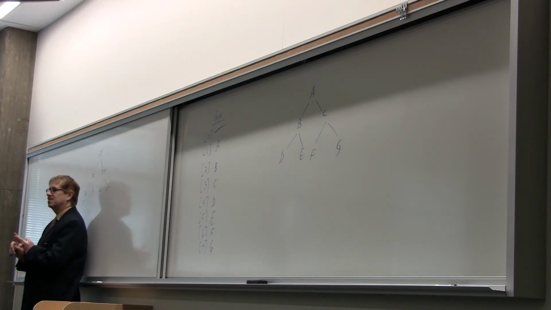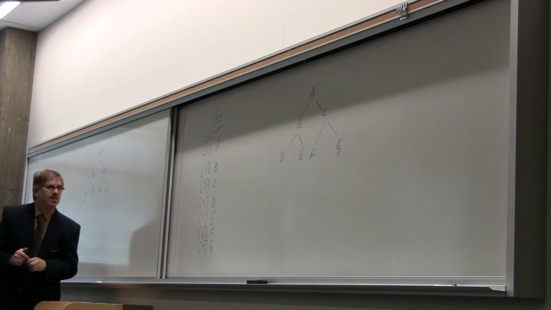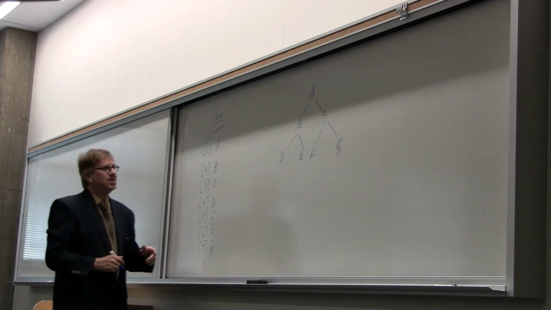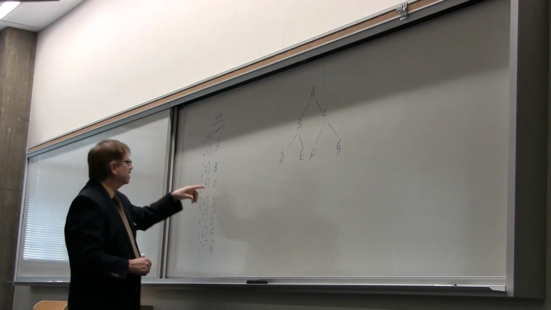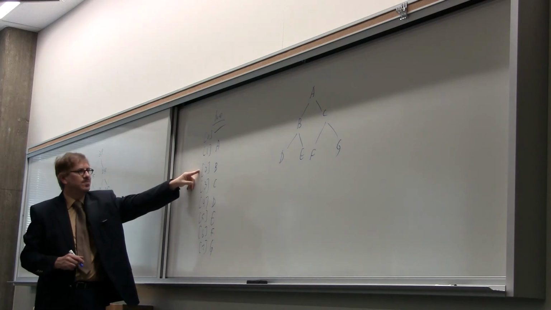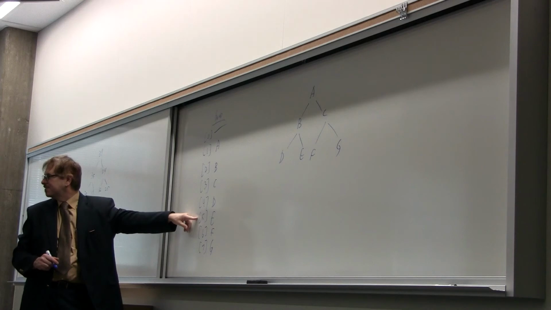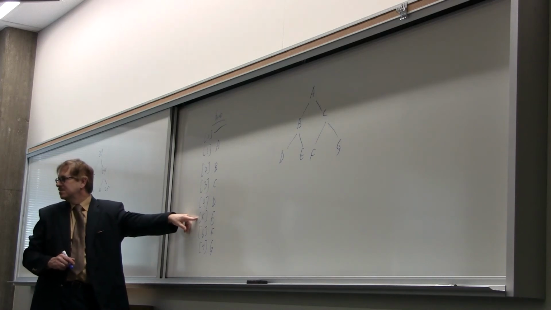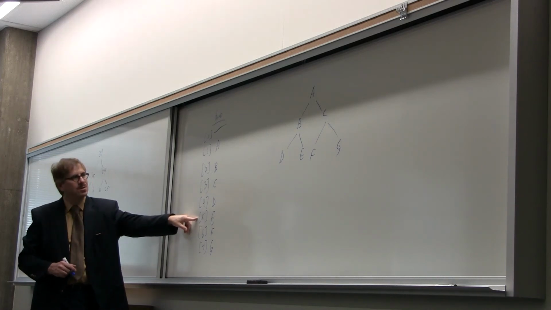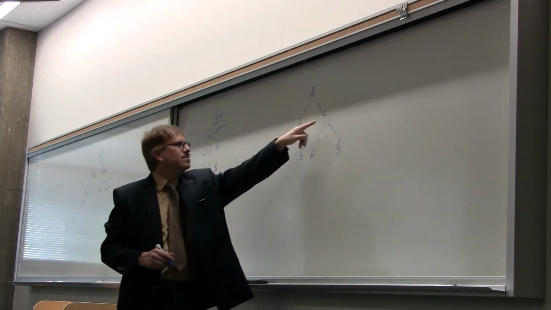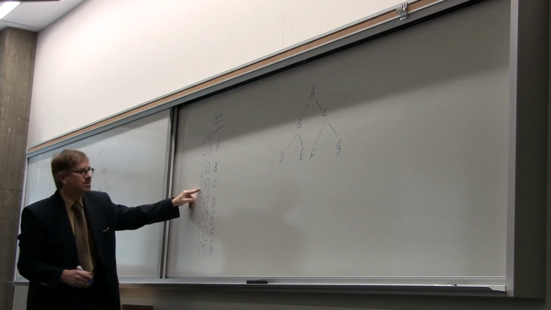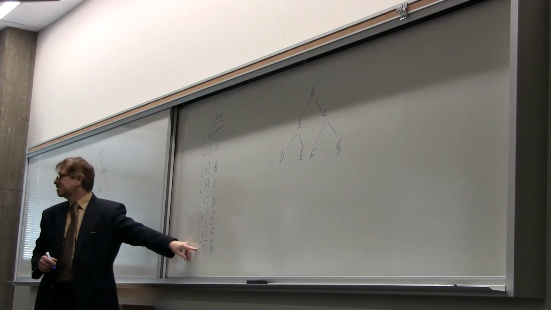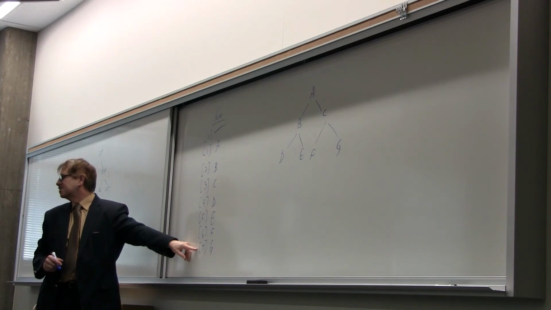So pick a node like B. Its index is 2. Its children have indexes 4 and 5. 4 is twice 2. Take a look at node C. Its index is 3. Its children have indexes 6 and 7. 6 is twice 3.